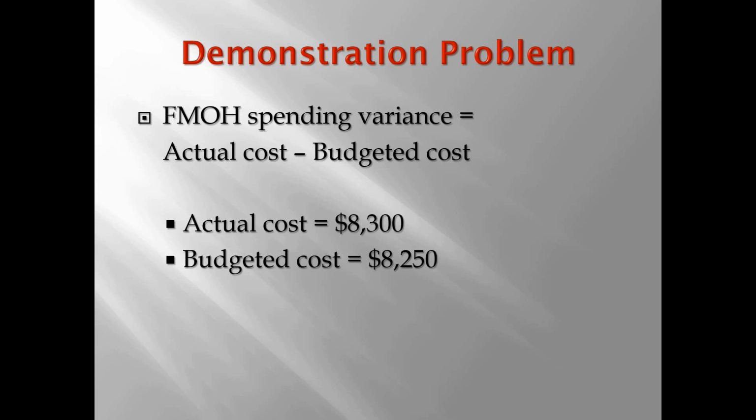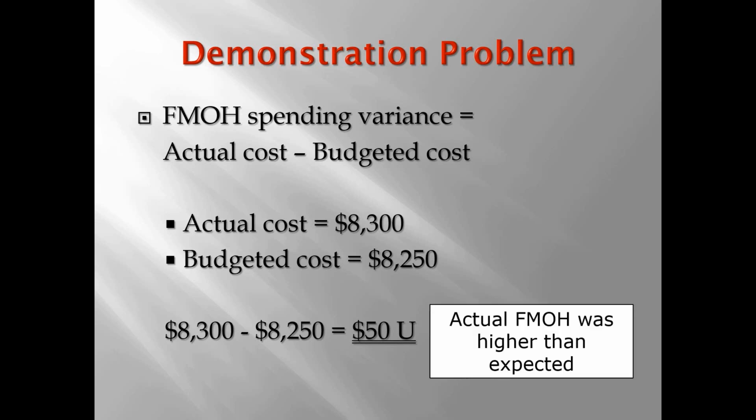In this particular case, both of these amounts were given. So all we have to do is find the difference, which is $50 unfavorable. That occurred because our actual fixed manufacturing overhead costs were higher than we budgeted.